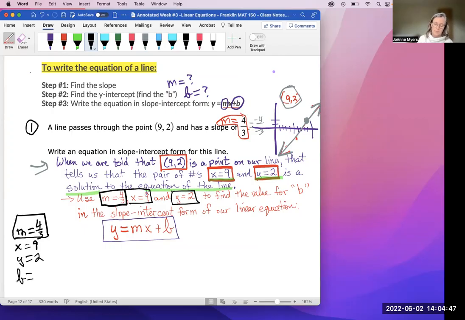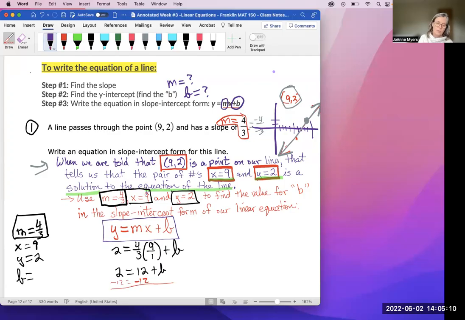I need to find b. Well, y is 2, m is 4/3, x is 9. 9 is the same thing as 9 divided by 1. 36 divided by 3 is 12. I need b by itself. Write down what you're doing.